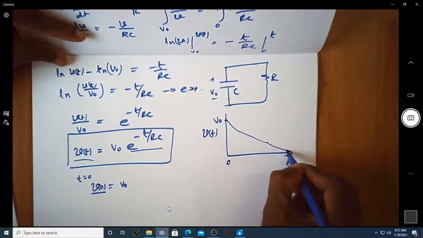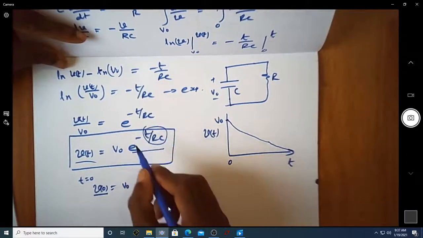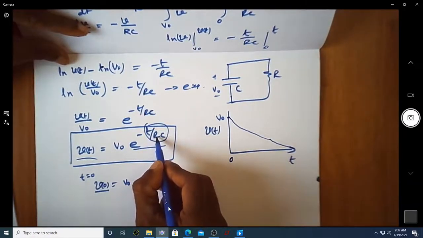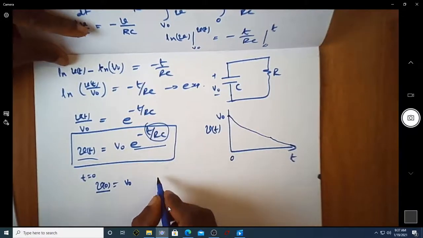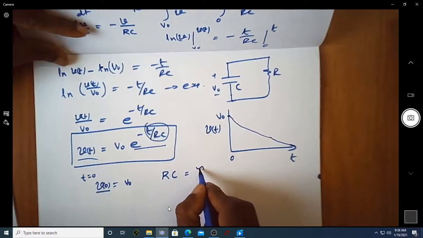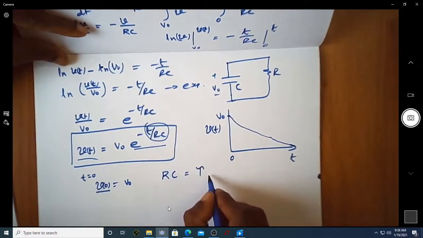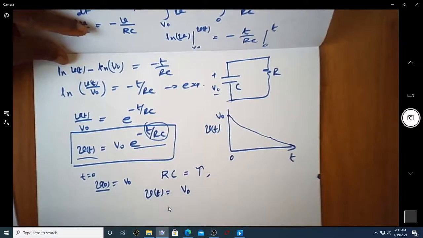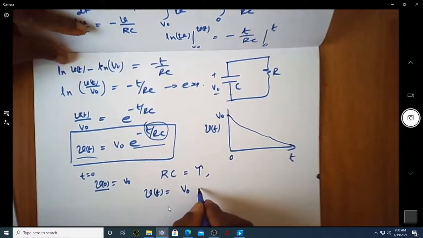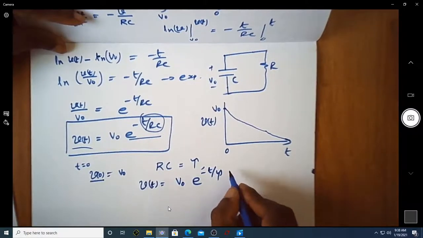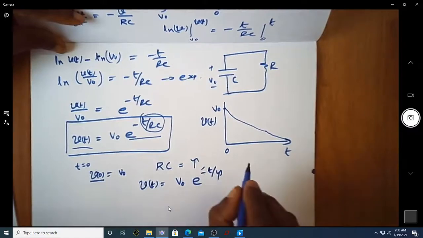The rate at which it reduces depends purely on the values of R and C, as well as the value of t, at what time you are looking and the corresponding values of R and C. Usually this R into C is known as the time constant tau, so we can write the expression for the capacitor voltage as V of t equal to the initial voltage multiplied by e power minus t by tau, where tau is equal to R into C, the time constant.